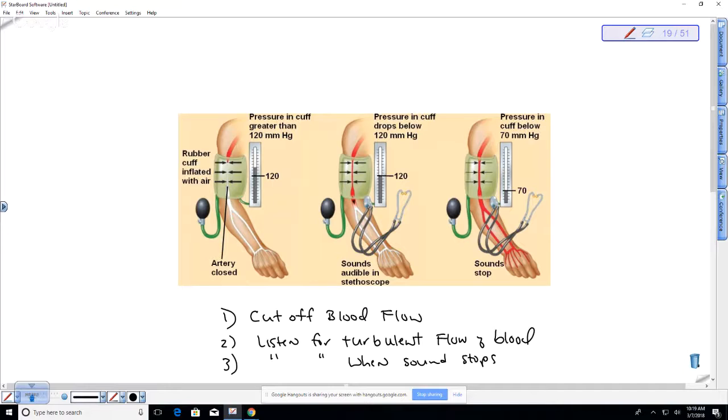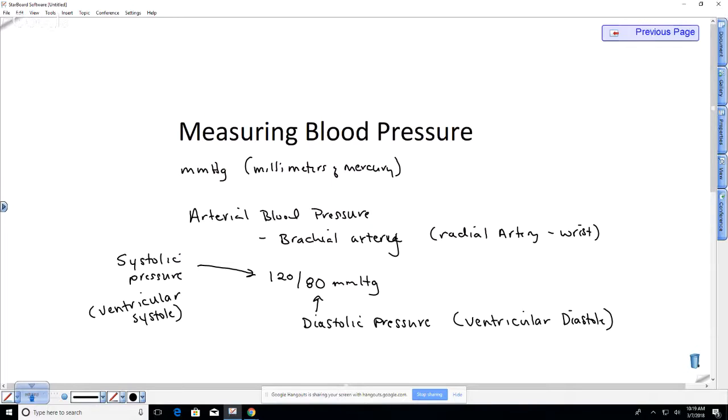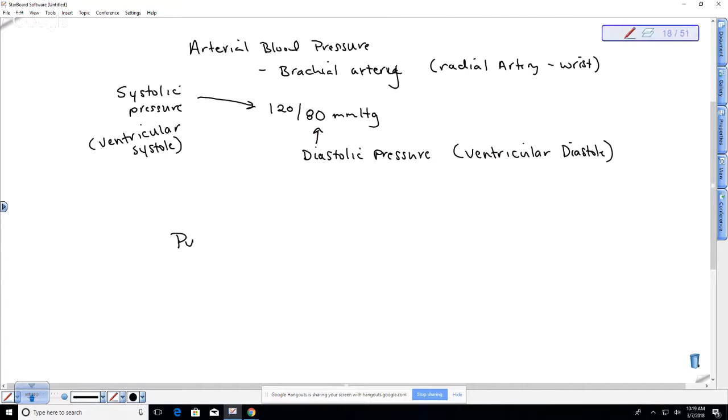So we can also talk about what is called pulse pressure. And this is what you actually feel at the major pulses or pulse points in the body. And the pulse pressure is the difference between systole and diastole.